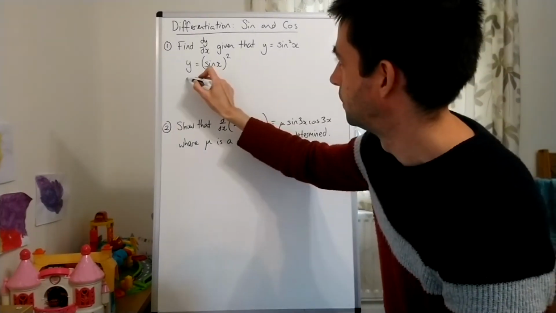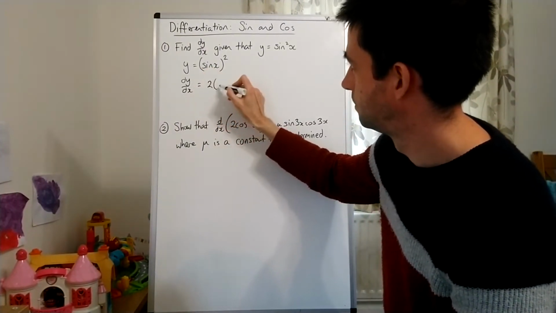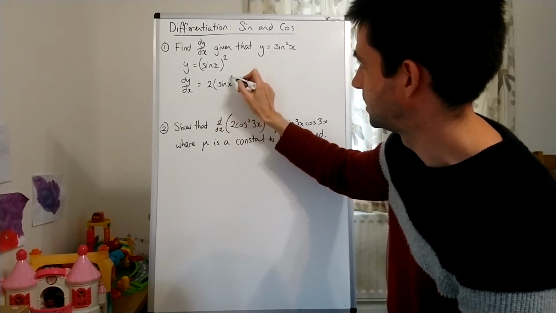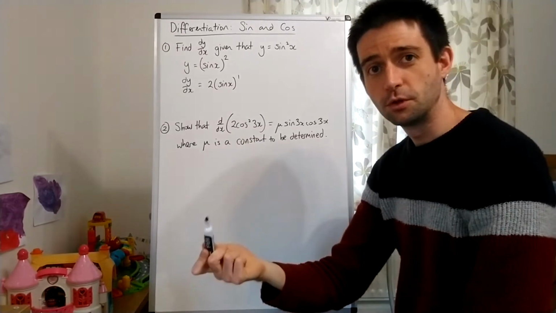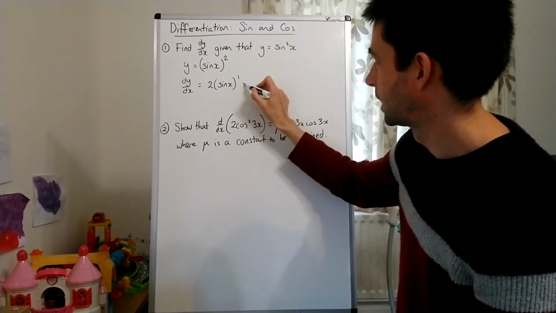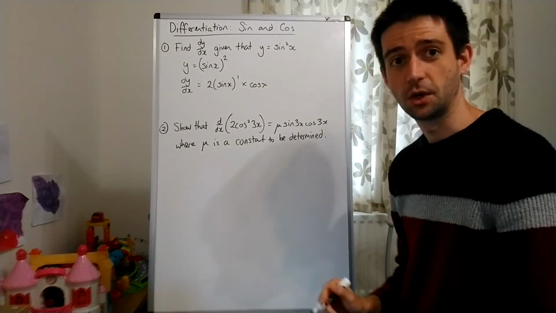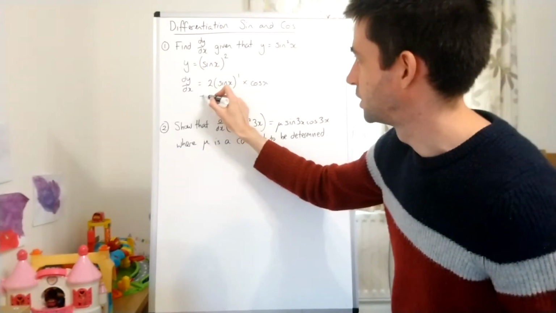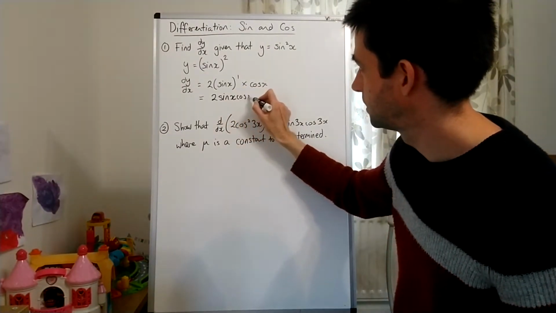So, chain rule, dy by dx equals power down, bracket stays the same, reduce the power by 1, and then crucially, multiply by the differentiated bracket. And we know from the previous video that sine differentiates to cos, so therefore our expression for dy dx is 2 sine x cos x.